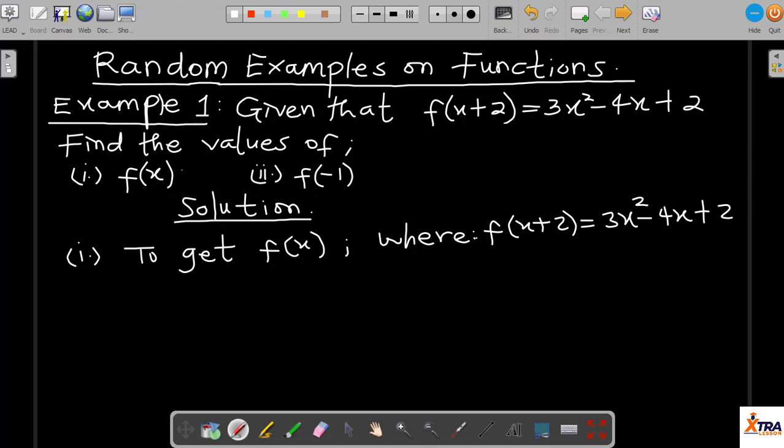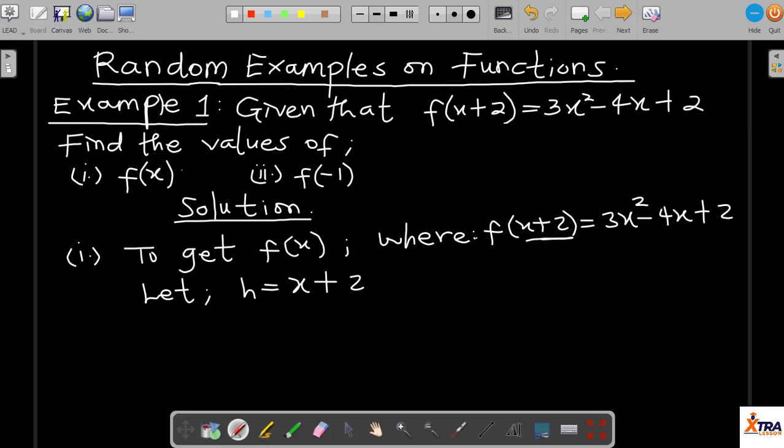All we need to do is introduce a new letter, let h, and say let h be equal to x plus 2. Since h is x plus 2, we make h this value.